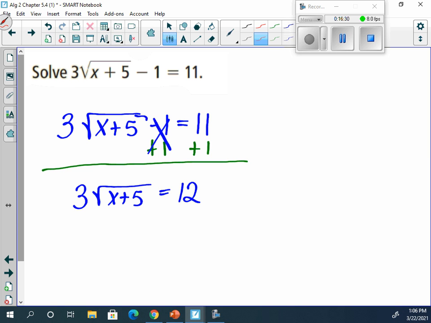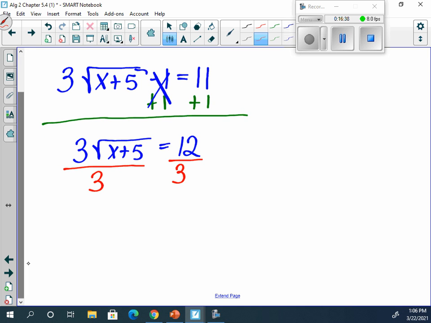So to get the radical, the square root of x plus 5, by itself, we need to divide both sides by 3. So our 3 divided by 3 will simplify to 1, leaving us with just the square root of x plus 5 is equal to 12 divided by 3 is 4.